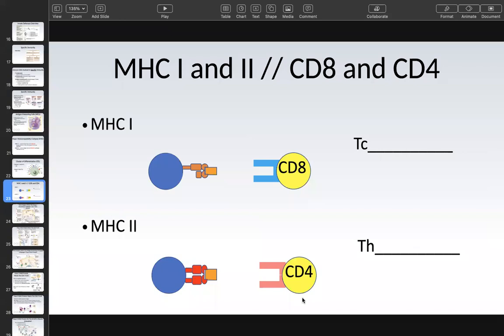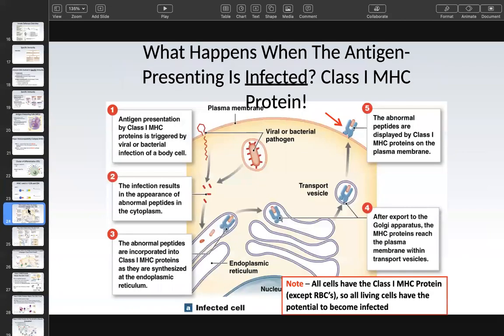In the next series of slides, we will discuss the specific mechanism and physiology by which this occurs, starting with MHC1. So, as you recall, MHC1 will present an epitope on a human cell when it is infected by a pathogen.